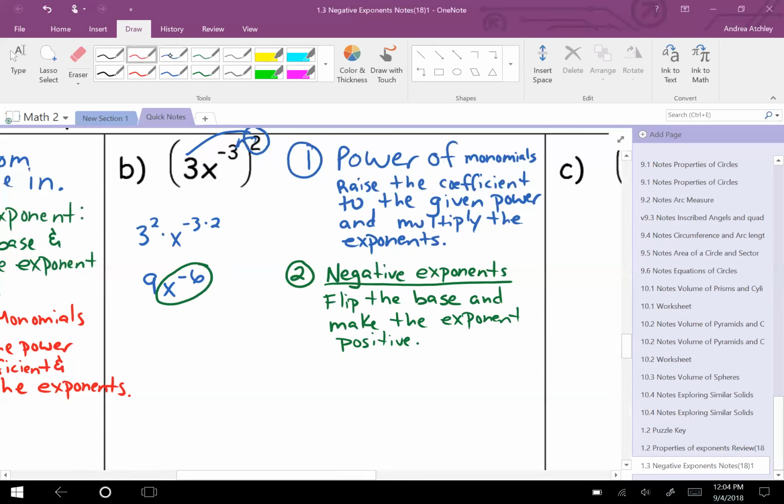So now this is going to become 9 times 1 over x to the 6th. We can put the 9 over 1. And so our last step is to multiply.